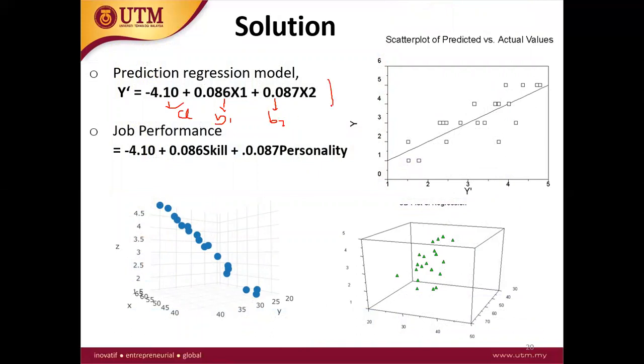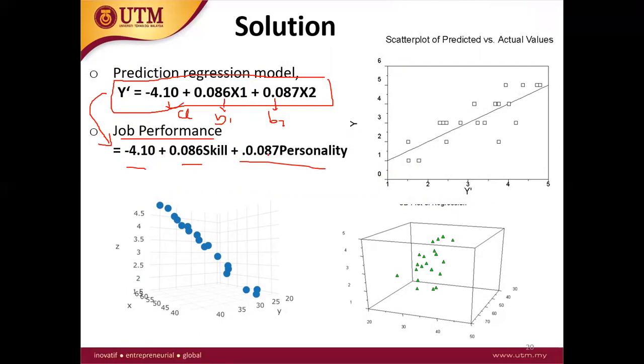So this is the complete predicted regression model for multiple regression with two independent variables. Or you can also write it as job performance equals negative 4.10 plus 0.086 skill plus 0.087 personality.